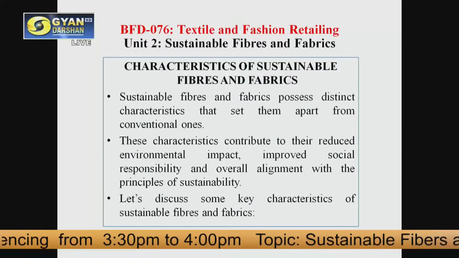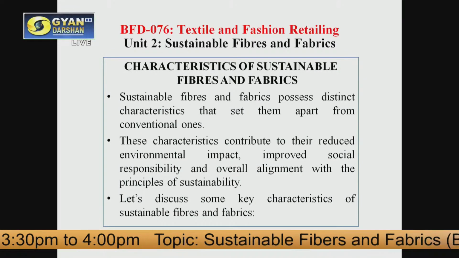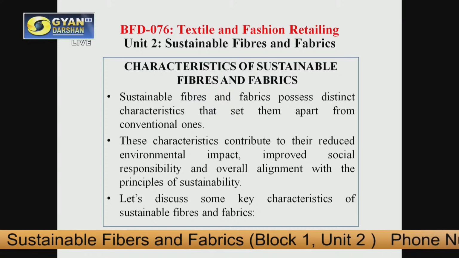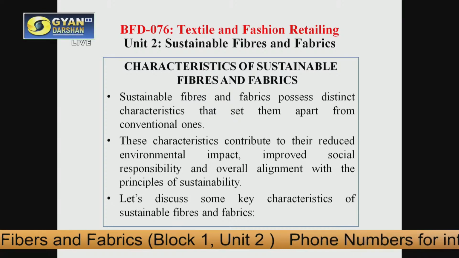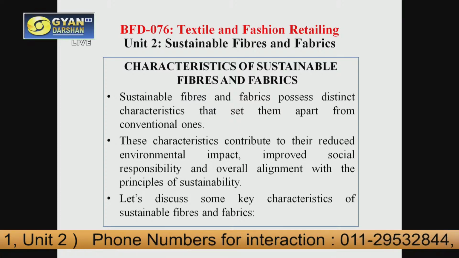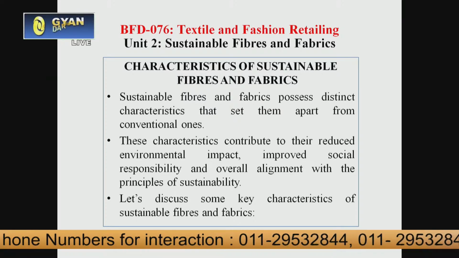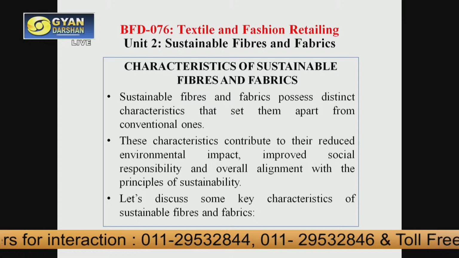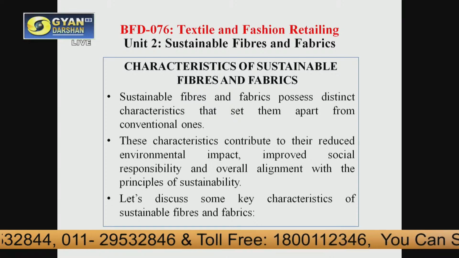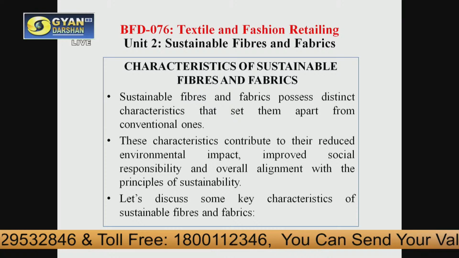Then what are the different characteristics of sustainable fibers and fabrics? Sustainable fibers and fabrics possess distinct characteristics that set them apart from the conventional ones. These characteristics contribute to their reduced environmental impact, improved social responsibility, and overall alignment with the principles of sustainability.